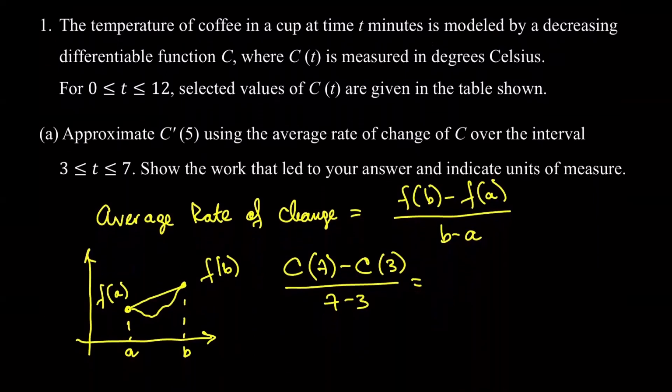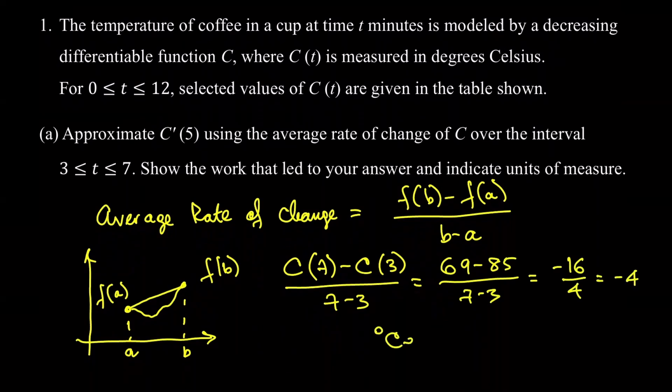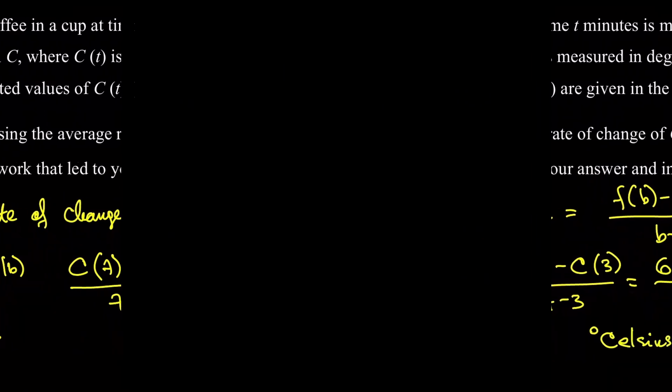So this is 69 minus 85 divided by 7 minus 3, which is negative 16 over 4, which is negative 4. And the units are Celsius per minute.